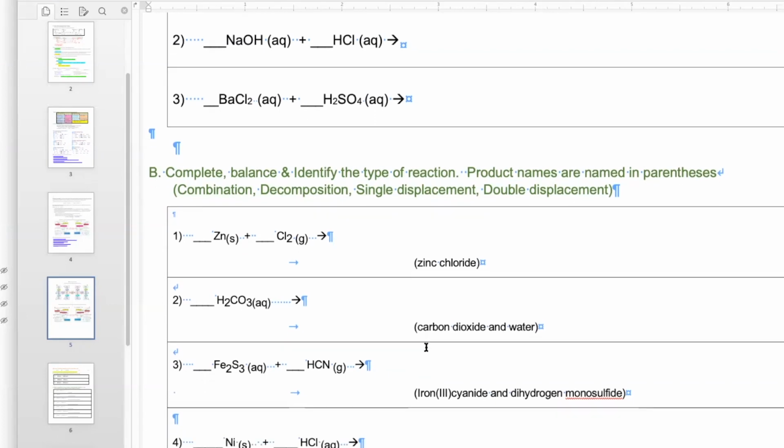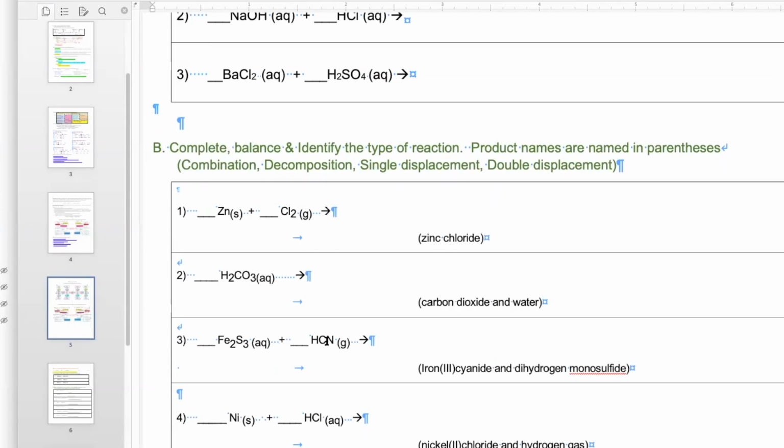Let's take a look at this one right here. Number 3, iron 3 sulfide. That's what this chemical is. Iron 3 sulfide. It's a +3 iron, Fe2S3, plus hydrogen cyanide. Forms iron 3 cyanide. That means the iron is a +3. You guys should know cyanide is -1.